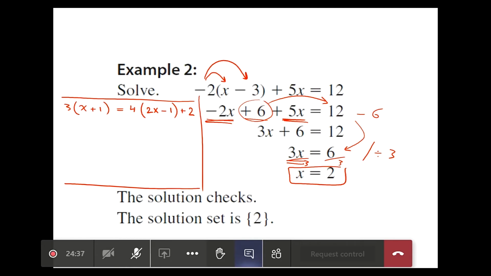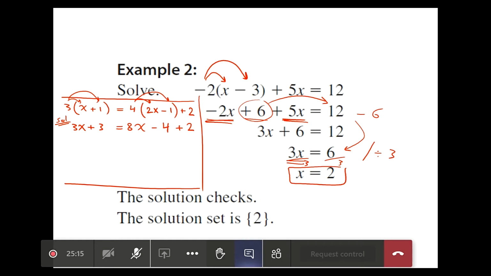We need to remove the brackets, so we multiply 3 with x and 3 with 1. Some students just multiply 3 with x and forget to multiply 3 with 1 or other terms. This is a big problem. Now we multiply 3 with x and 1, and 4 with 2x and negative 1. So we have 8x minus 4 and plus 2.